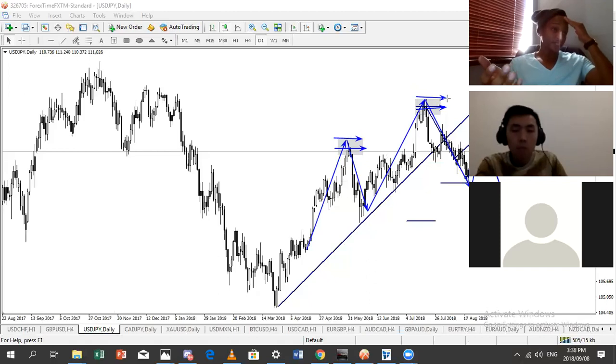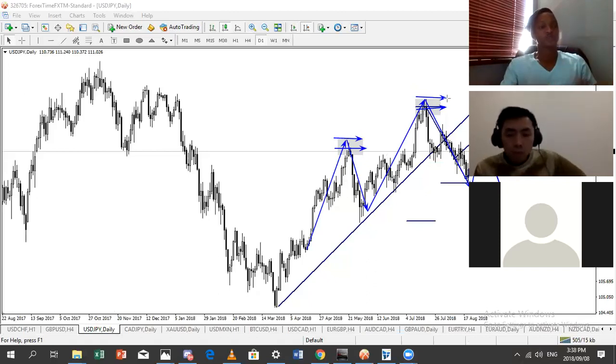As you can see, it's very easy when it goes on and on, because we are adding more confluences into the chart to make it easy trades to trade, for you to be able to have confidence when you trade.